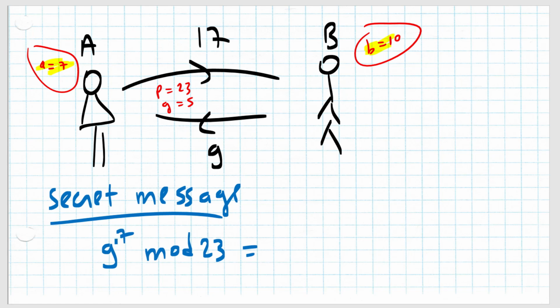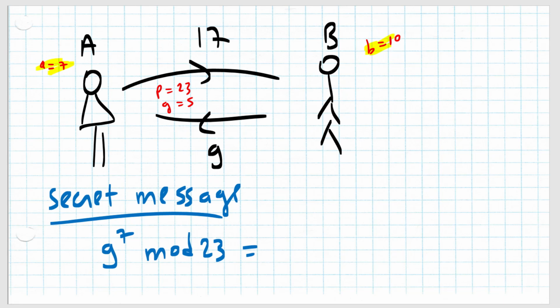Actually, can we do this? You see, because if what you're claiming is true, this should give us the number that we already found before, right? Can you quickly try to find 9 to the power 7? 9 squared is 81, so 9 times 9 would be 81, and minus 23, minus 23, that would give us 12.